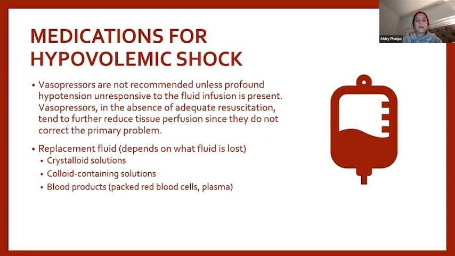Vasopressors, in the absence of adequate resuscitation, tend to further reduce tissue perfusion since they do not correct the primary problem. And also, they use replacement fluid, different kinds of solutions, and blood products such as packed red blood cells and plasma are popular for hypovolemic shock.